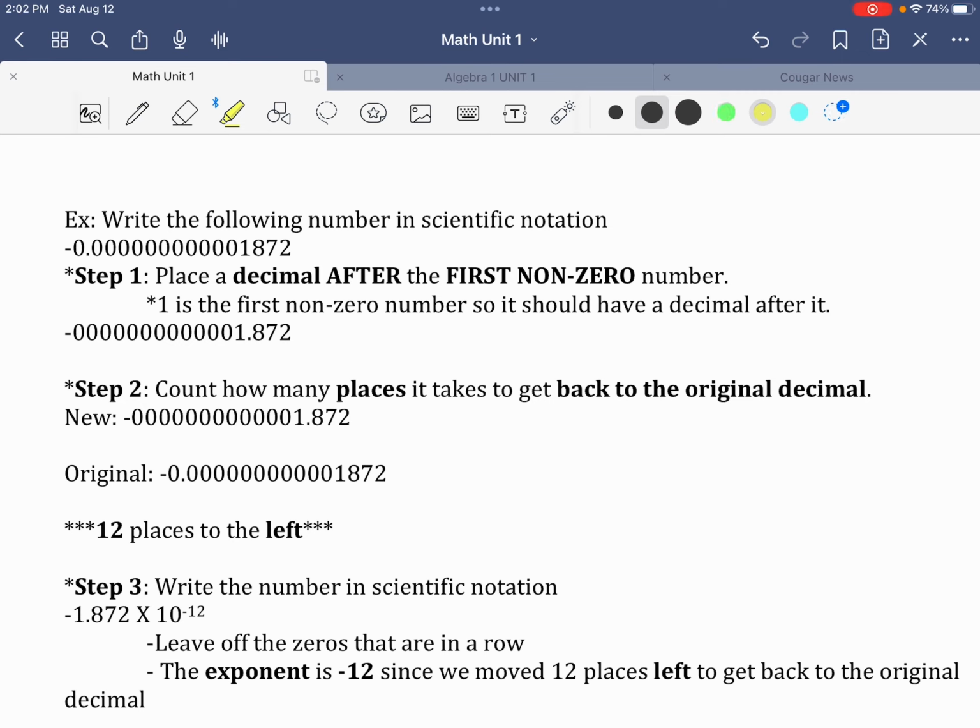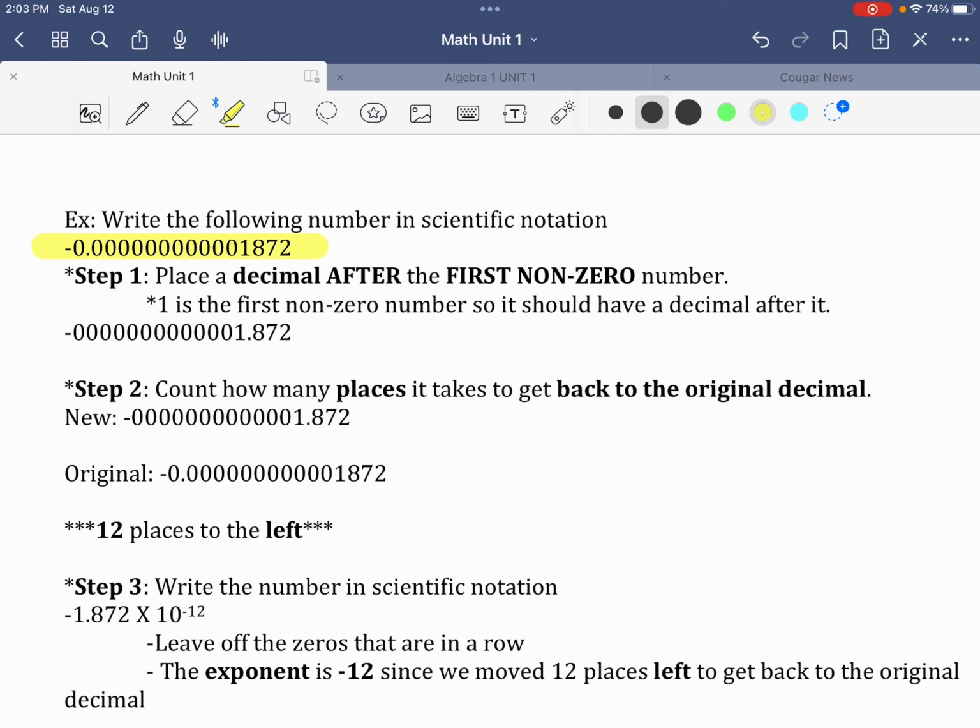As you can see, it's both a negative number and a really, really small decimal. So our scientific notation number is going to be negative, and our exponent is going to be negative. So first things first, place a decimal after the first non-zero number.